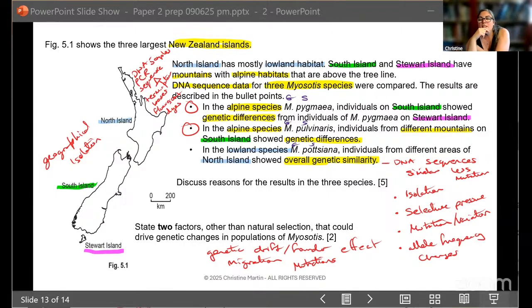So Amna, with predation, you are talking about the fact that they're going to be preyed upon. That would therefore decrease the numbers of those who are less able to survive. So that would link back to natural selection. A couple of years ago, they asked this question, and the mark scheme just said time.